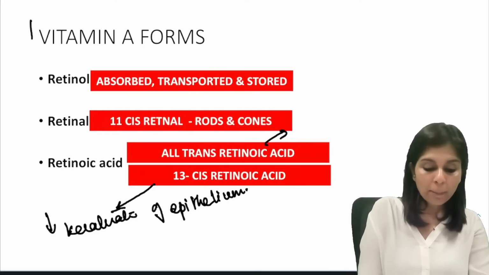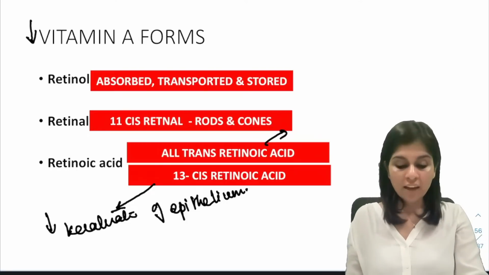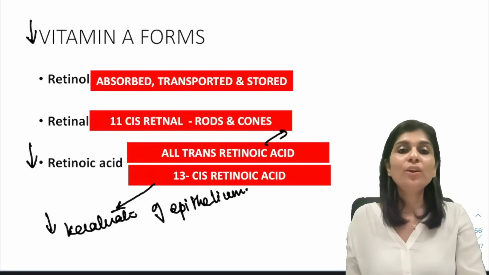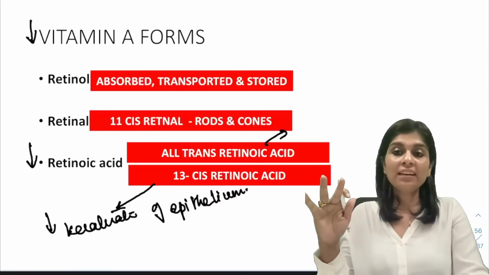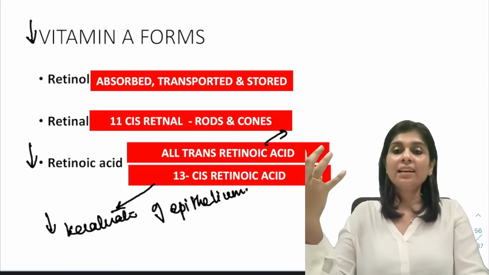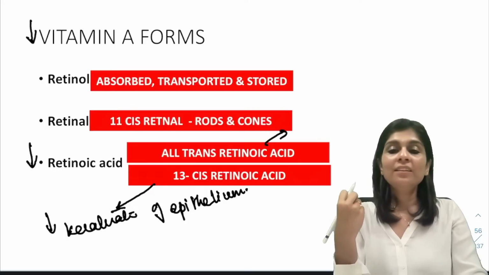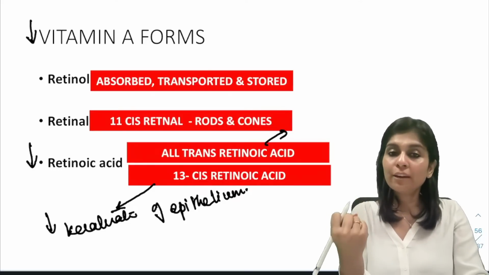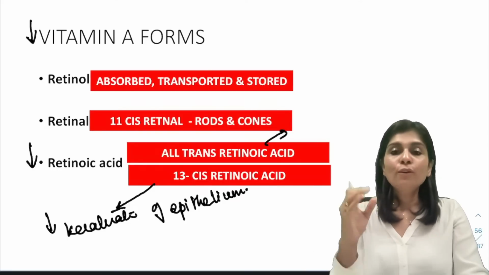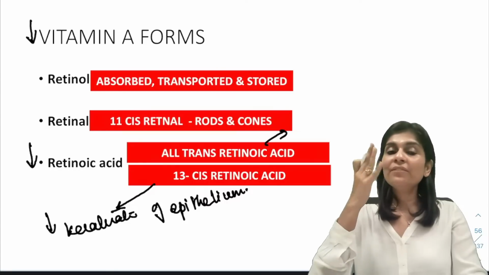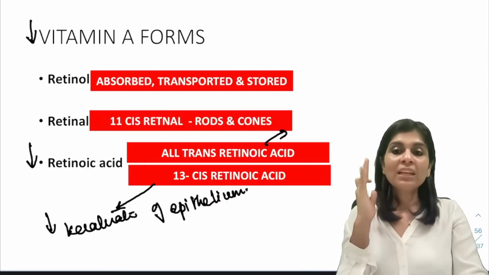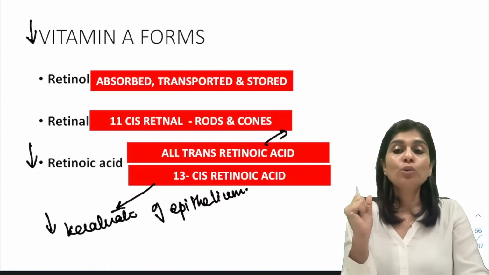That is why in vitamin A deficiency, when there is low 13-cis retinoic acid, there is no suppression of keratinization. There is excess keratinization that causes keratin plugs to be formed, and that is the reason for follicular hyperkeratosis or phrynoderma. For the same reason, when the conjunctiva undergoes keratinization, that causes conjunctival xerosis.